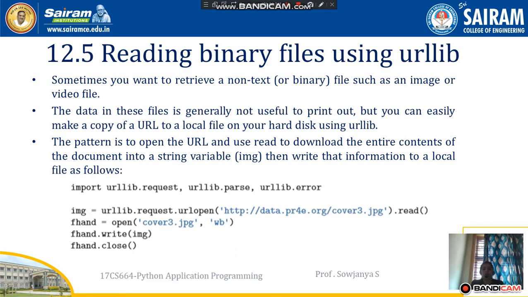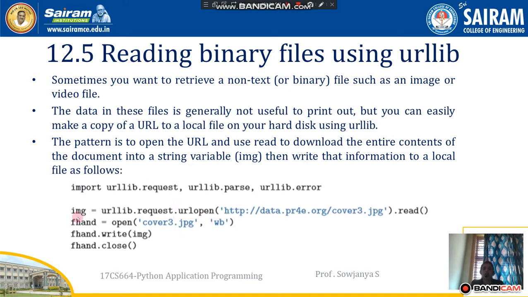That means you can copy that particular URL to permanent storage or a local file where you want to store that information. The pattern we require is to open the URL and use read to download the entire contents of the document into a string variable and then write that information to a local file. Okay, how can we do it?